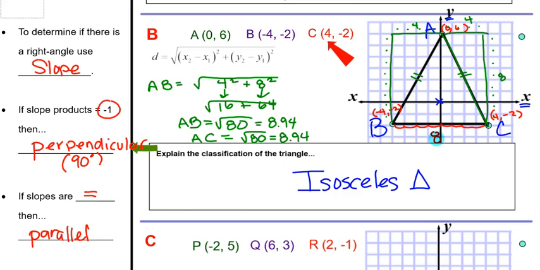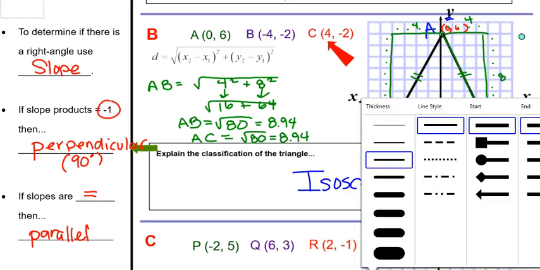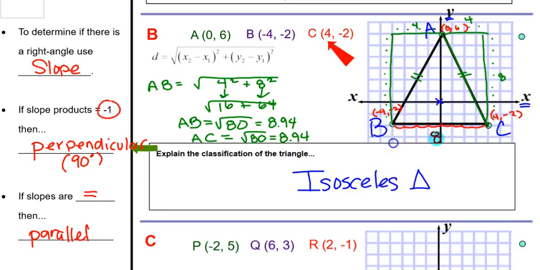So if I'm going to look at the numbers that we have in this picture, I'm going to count my rise 8 and my run 4. The slope of this line is 8 divided by 4, which is equal to 2.